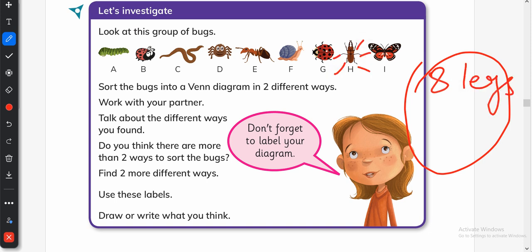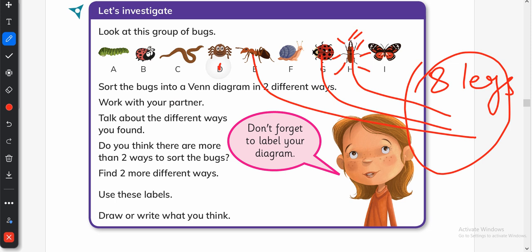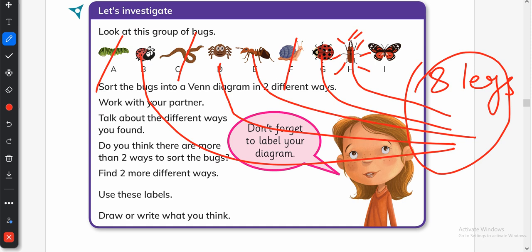One, two, three, four, five, six, seven, eight. Eight legs, and yes, eight legs. I think in this picture, spider has six legs, but it actually has eight legs. And this also has eight legs. So again, what is left? A, C, and F left behind.